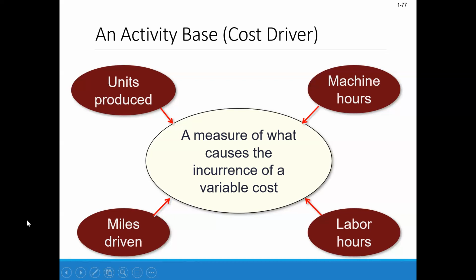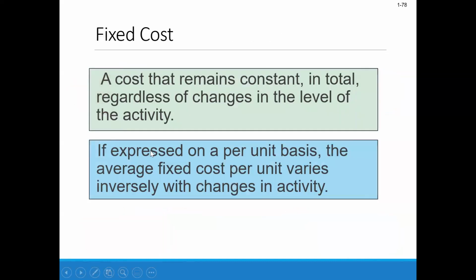The most common are these four: units produced, miles driven, machine hours, or labor hours. A fixed cost remains constant regardless of changes in the level of activity. If expressed on a per unit basis, the average fixed cost per unit varies inversely with changes in activity.